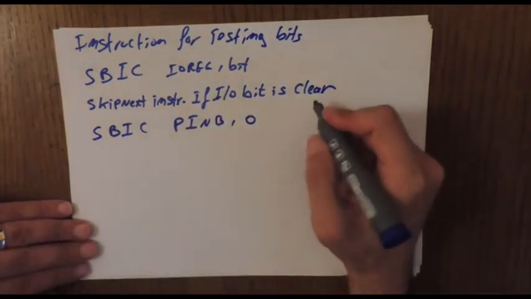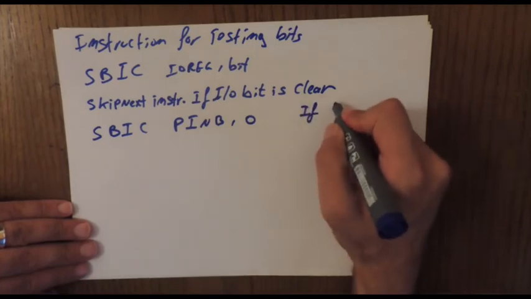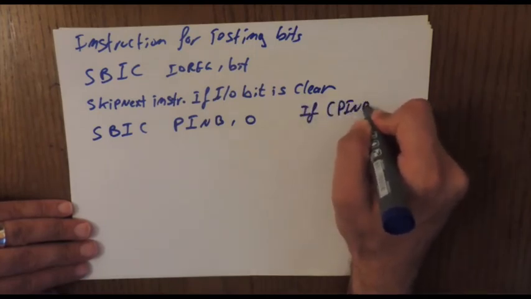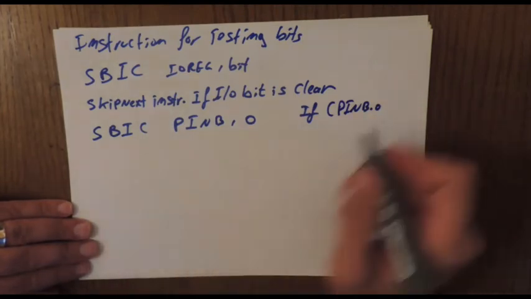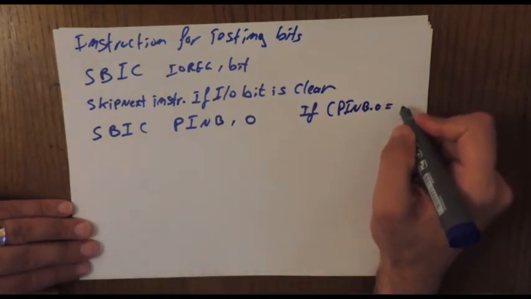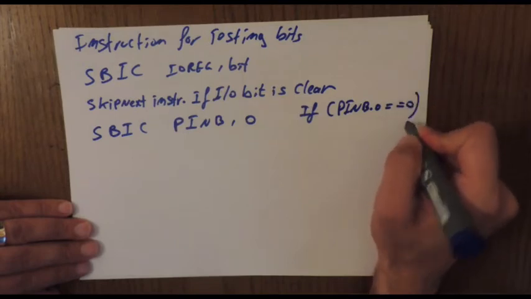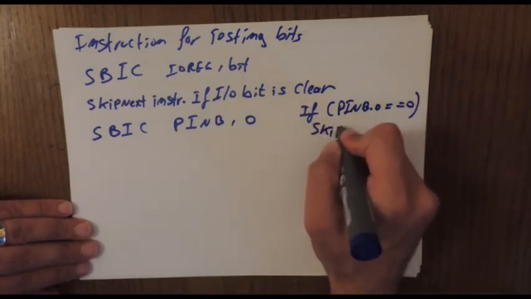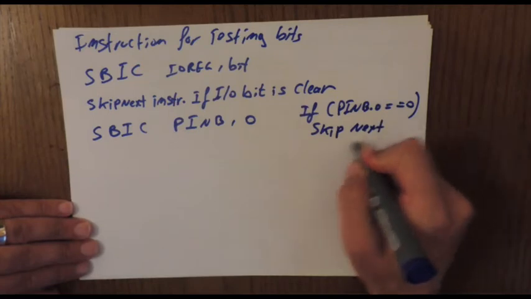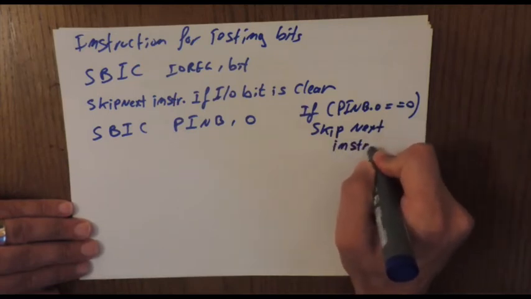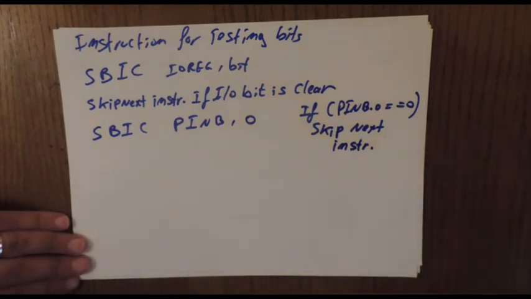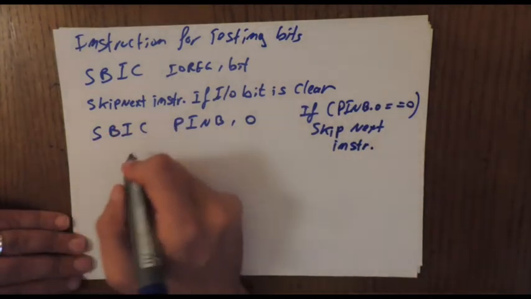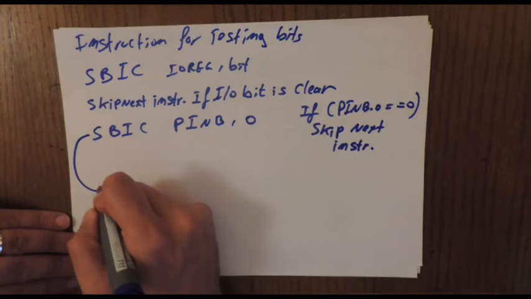So what I'm saying here is, if pin B dot 0 equals 0, then skip next instruction. Okay, so what do we mean by this? I'm gonna skip this instruction.